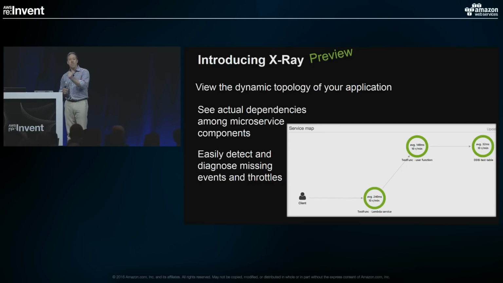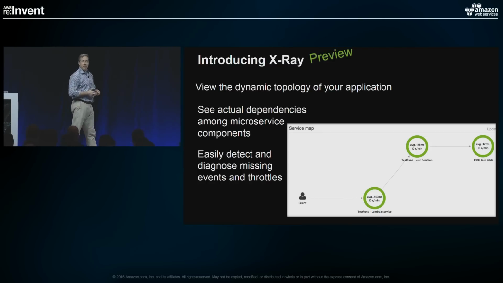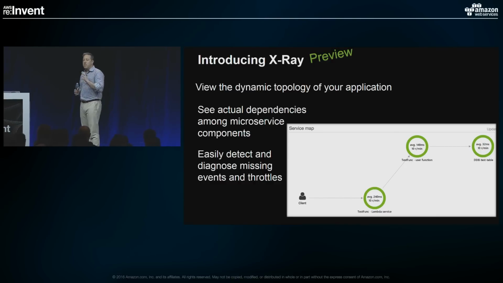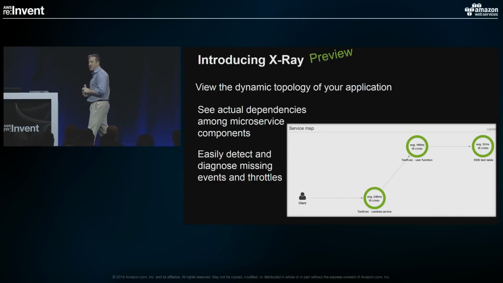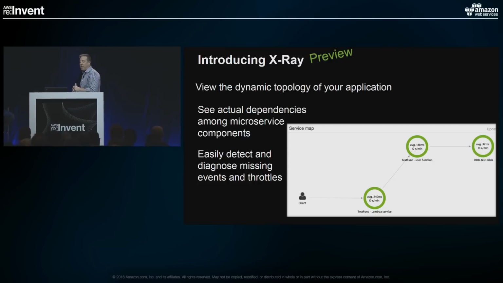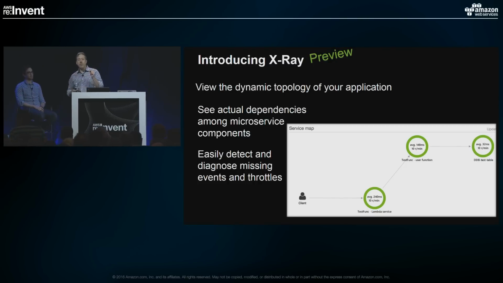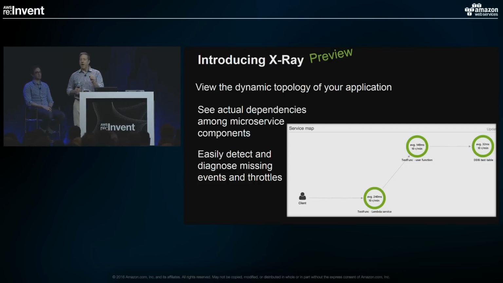It can be an API backed by a Lambda function, or it could be another AWS service, ultimately, as we bring more online to support X-ray, that are able to send events to Lambda. And you'll be able to both see dependencies that maybe you weren't expecting, because we all know that sometimes in large production systems we find things we don't suspect, but also detect places where maybe throttling is happening, so that you can find the choke point on an event and trace it back to the origin and the source.